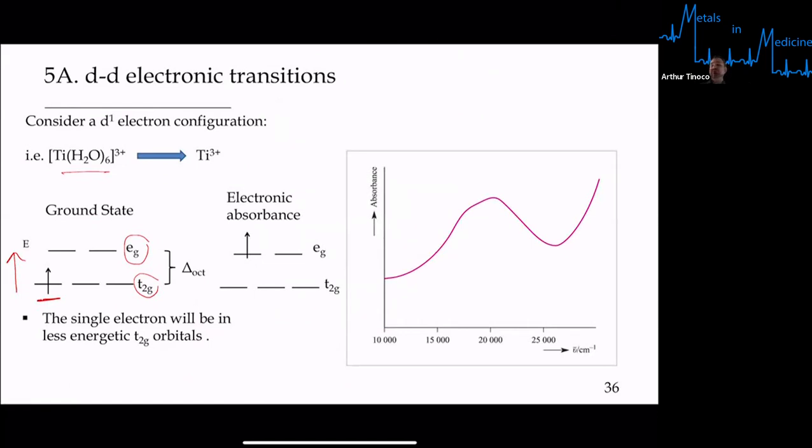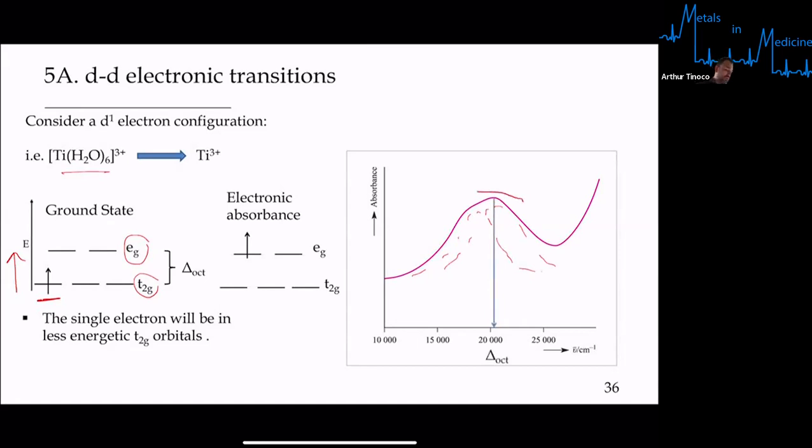And I had already mentioned to you that the reality is that that's actually not as simple as it appears. It is really a combination of a few different electronic transitions. And that's something that is a little bit beyond the scope of what I'm going to focus on right now. So just imagine that we're overall looking at that single electron being moved into higher energy orbitals.